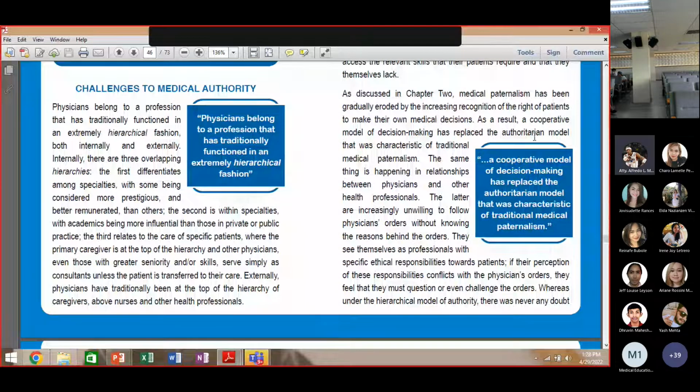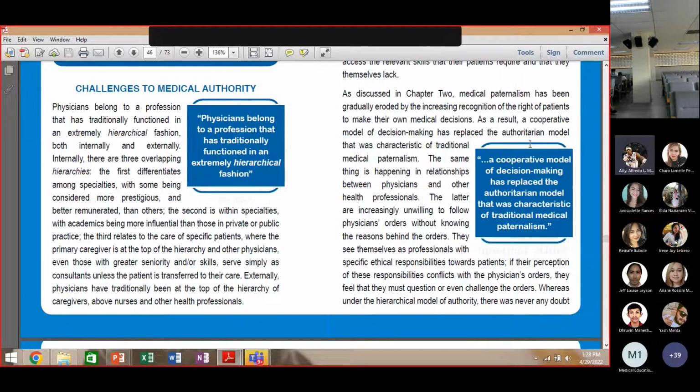A cooperative model of decision-making has replaced the authoritarian model that was characteristic of traditional medical paternalism. The traditional way, class, or the school of thought being utilized in the traditional way, is autocratic.